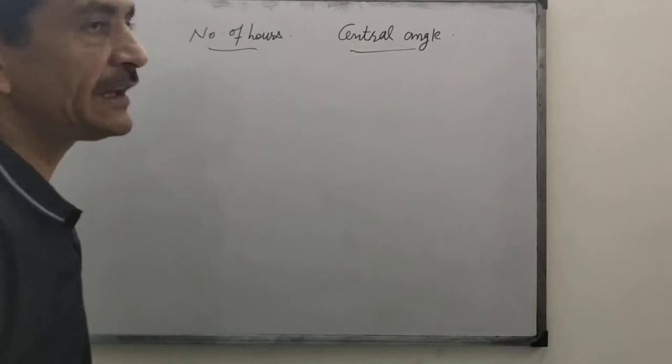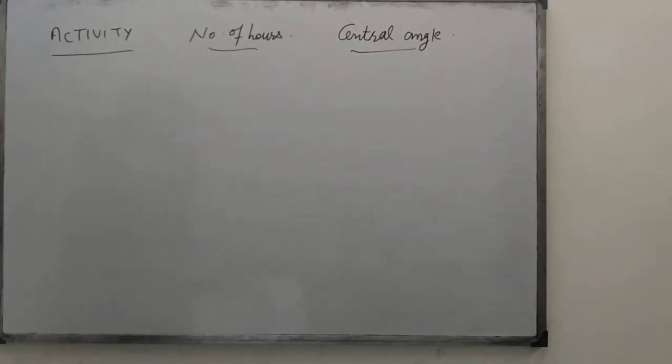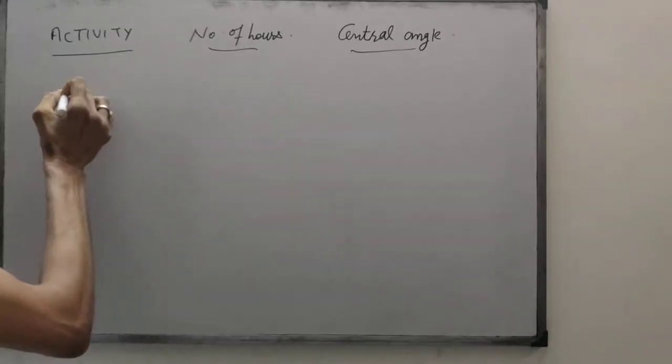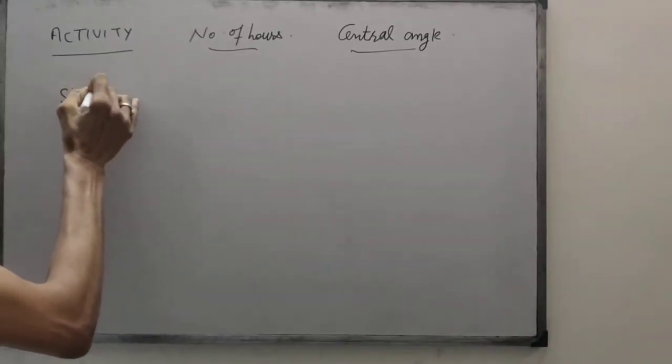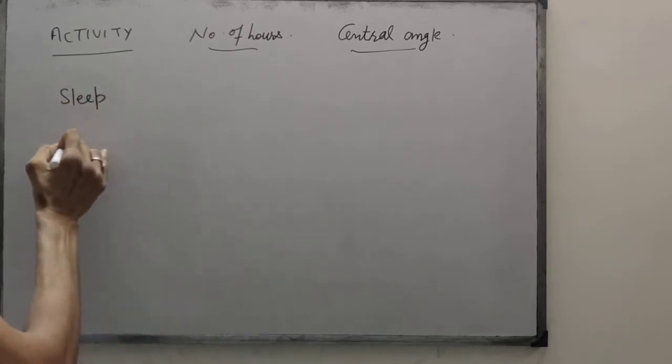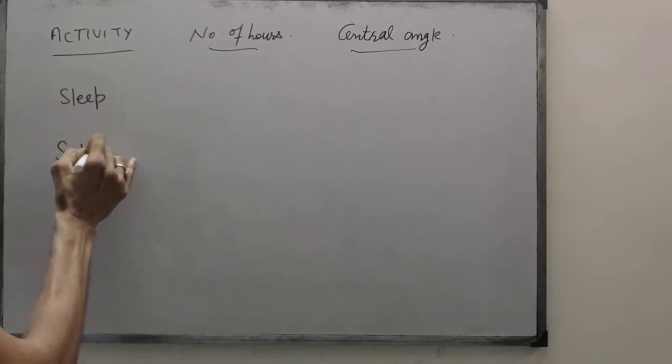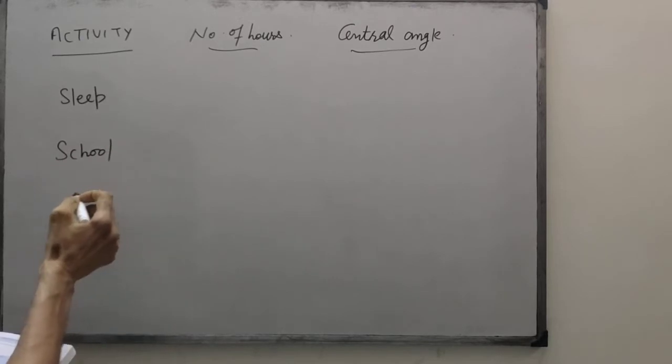Total hours in a day is 24 hours. Here is a table showing how a person spends the day. First activity is sleep. Second activity is school.